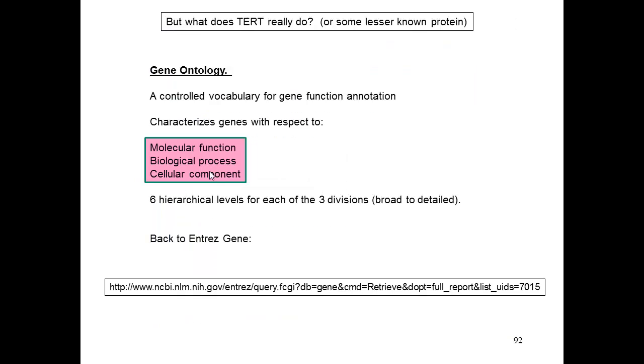We next discussed function. The Gene Ontology Consortium has produced a controlled vocabulary for gene function annotation. There are three major categories of functional information: the molecular function, the biological process, and the cellular component. This vocabulary is hierarchical, and we'll see an example soon.